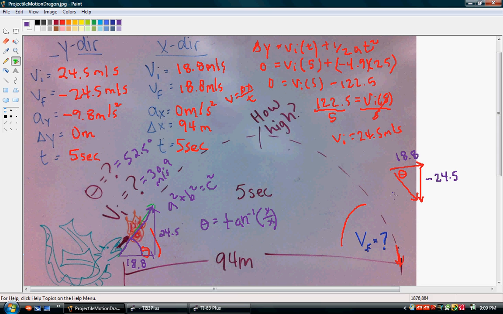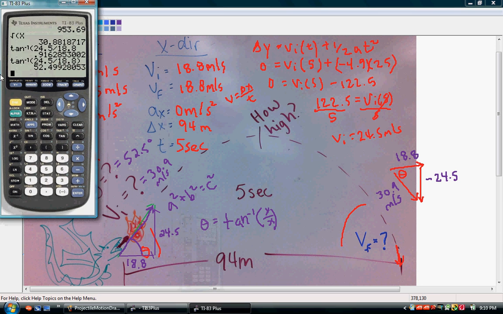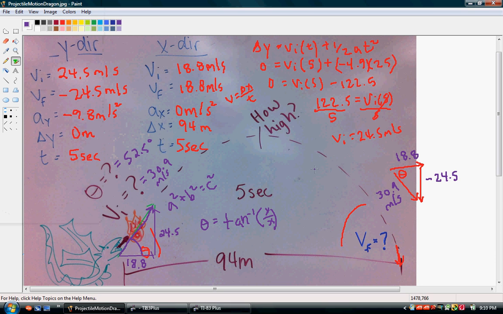So whenever I use the Pythagorean theorem, it will actually be the same value, 30.9 meters per second, but our new angle will be the inverse tangent of negative 24.5 over 18.8. Okay, which is opposite, so our theta here is negative 52.5 degrees from 0, or 360.